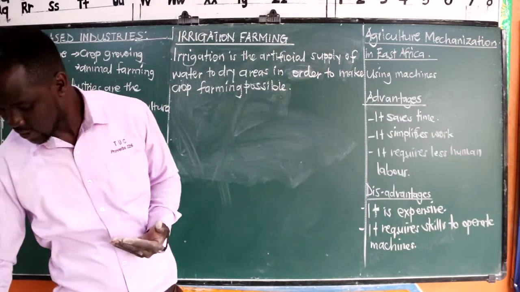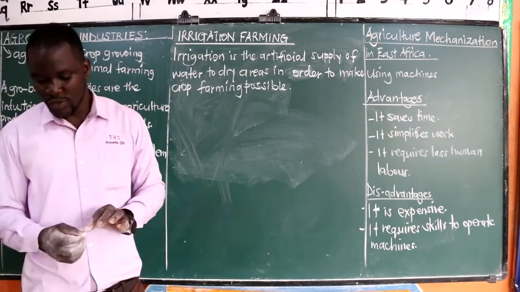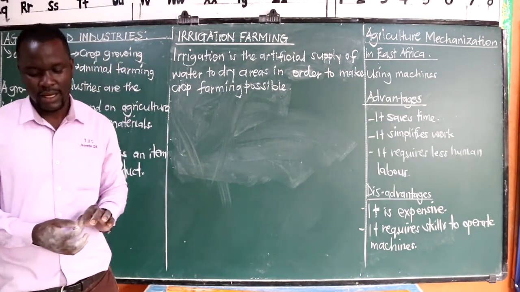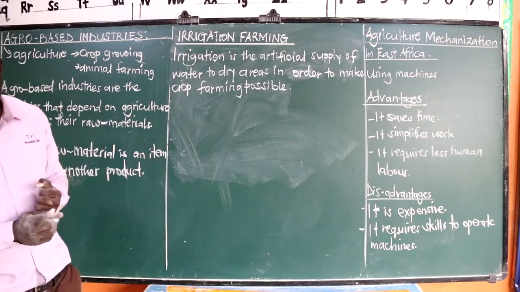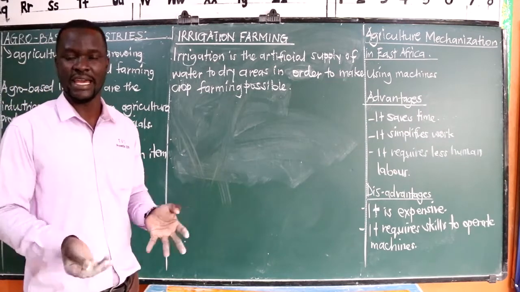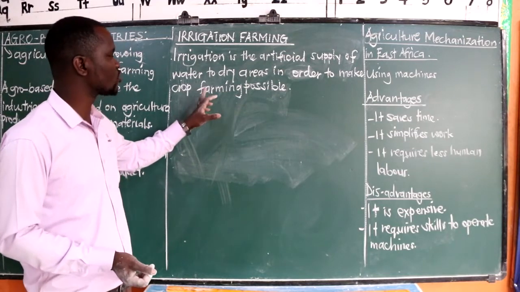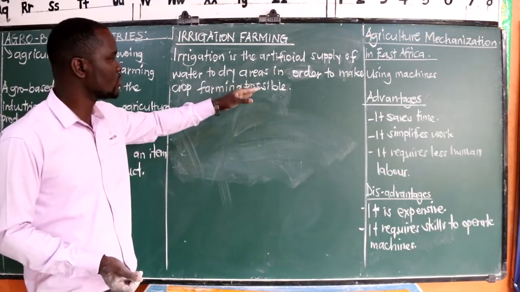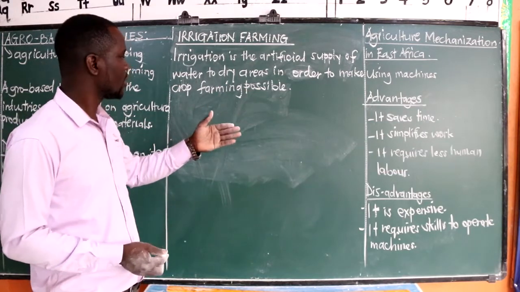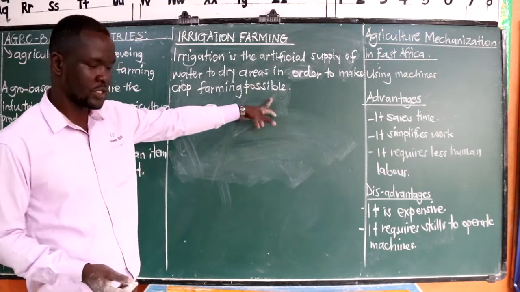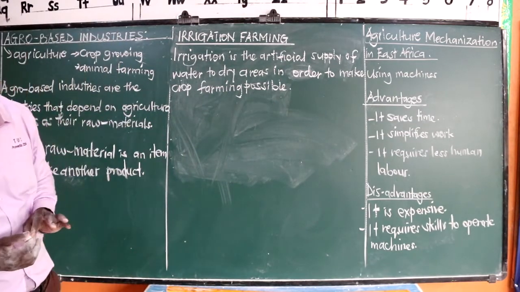And that is what we call irrigation, the artificial supply of water to dry areas in order to make crop farming possible. In our books, we are saying the artificial watering of crops in drier areas. It is the same. And the reason here is to make that area good for crop cultivation, to make crop farming possible. So you don't have to get disturbed. We are talking of the same thing.